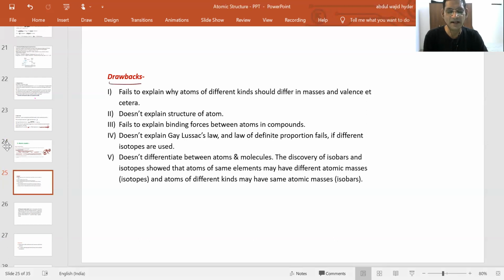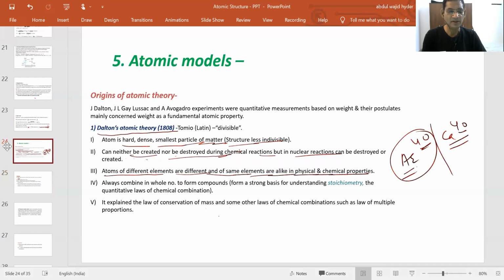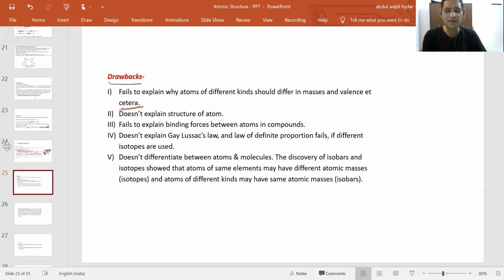This Dalton's atomic model fails to explain why atoms of different kinds should differ in masses and valency, etc.